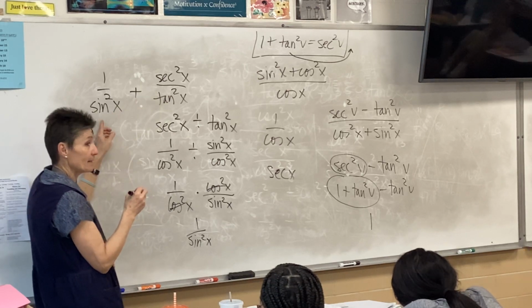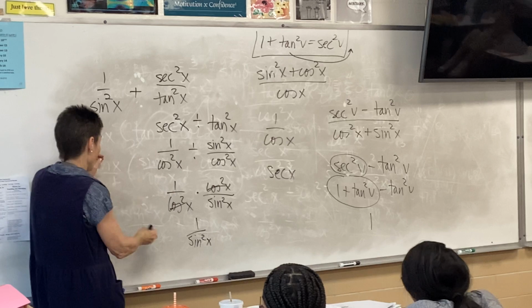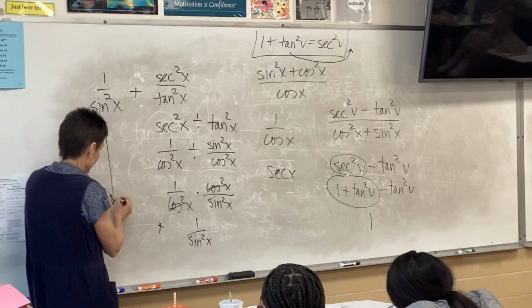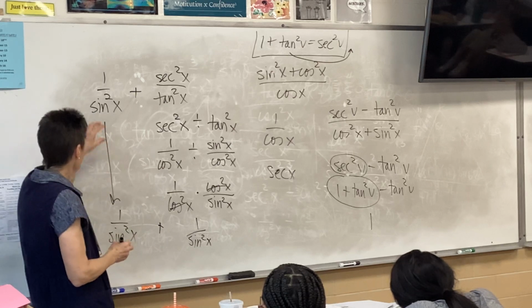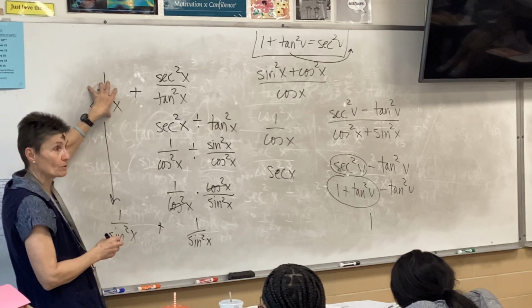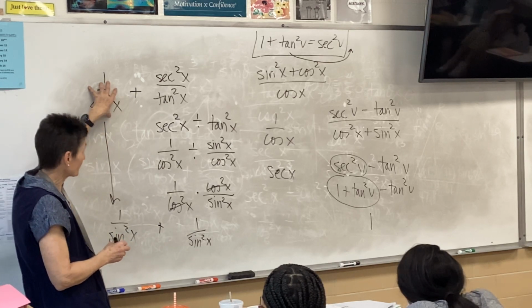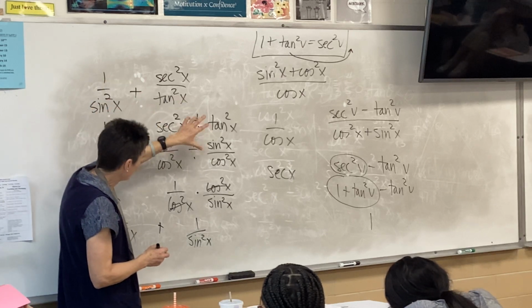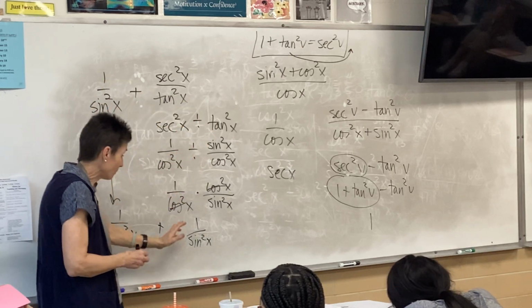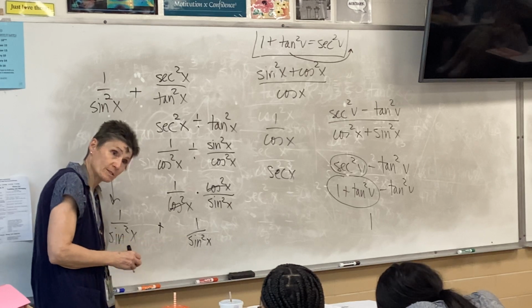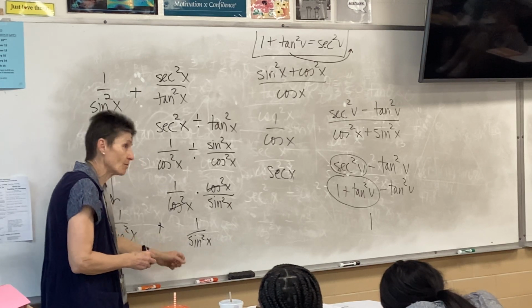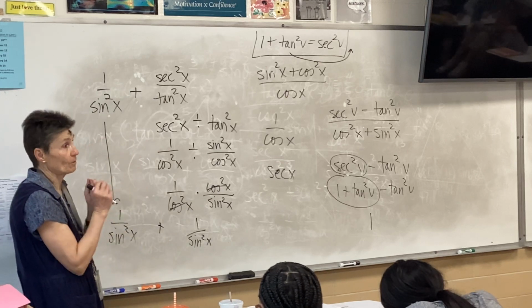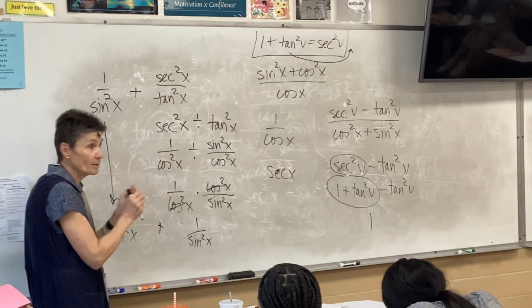Now, I haven't done anything with this yet, so he's just coming along for the ride. So I had my original 1 over sine squared. And then I did all this stuff, and I ended up with another 1 over sine squared. And these guys are added together. So what's 1 over plus 1 over the same thing?